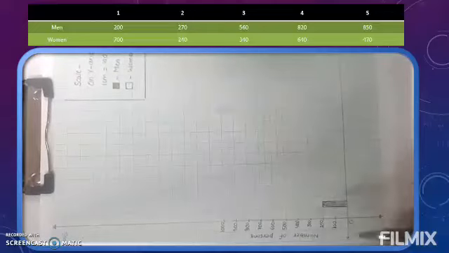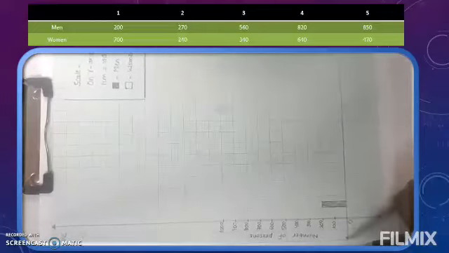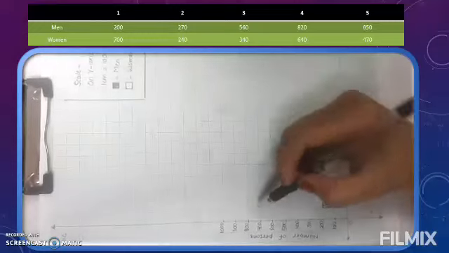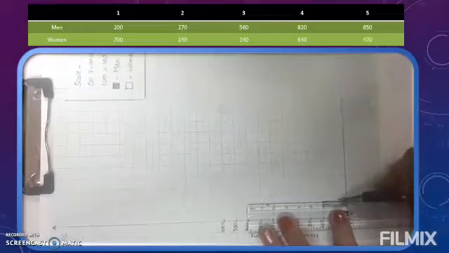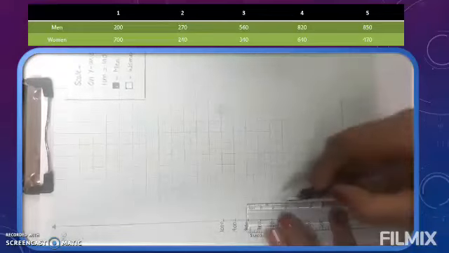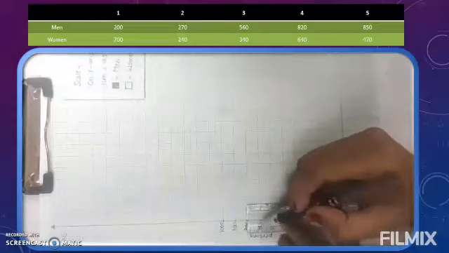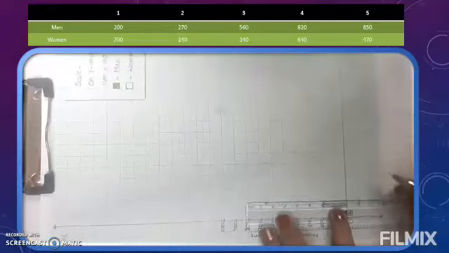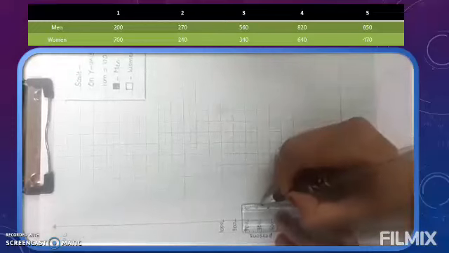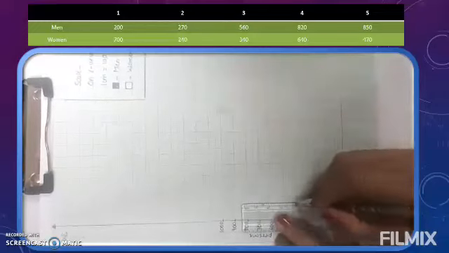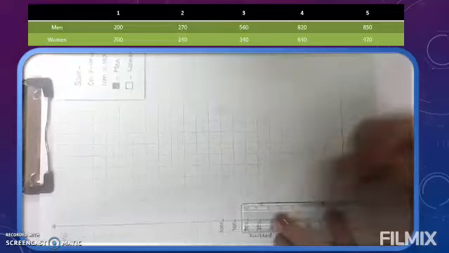Clear? Now after that woman. How many women came in booth number 1? 700. So we have 700 here. So we will keep scale on this fifth line, and we will extend, see here I have 700. So we'll keep it scale properly. Until 700 we will plot a point and extend the line.